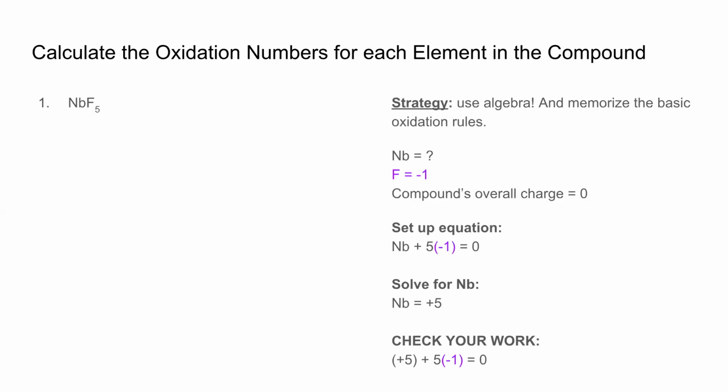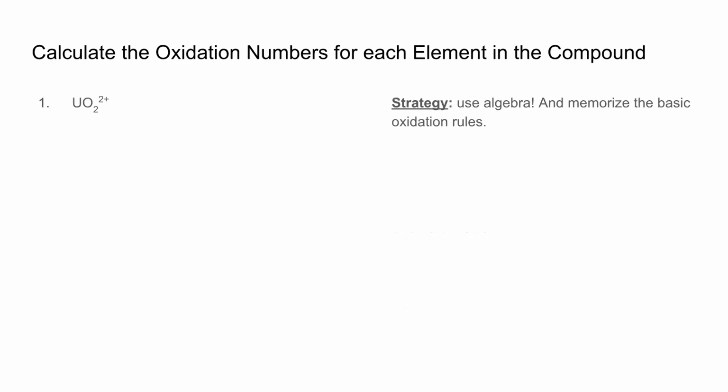Basically you want to make sure that when you add up all the charges for each element in the compound, it should all equal the compound's overall charge. So in this case, if Nb is +5, and we have 5 fluorines, +5 plus -5 should equal 0, which is the compound's overall charge. All right, let's try another one.